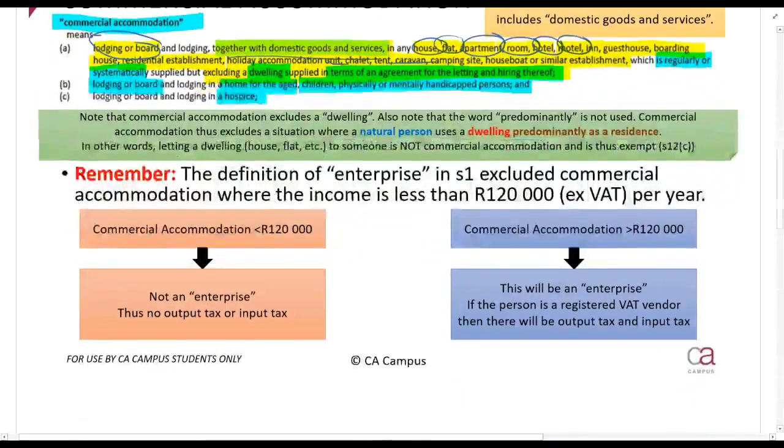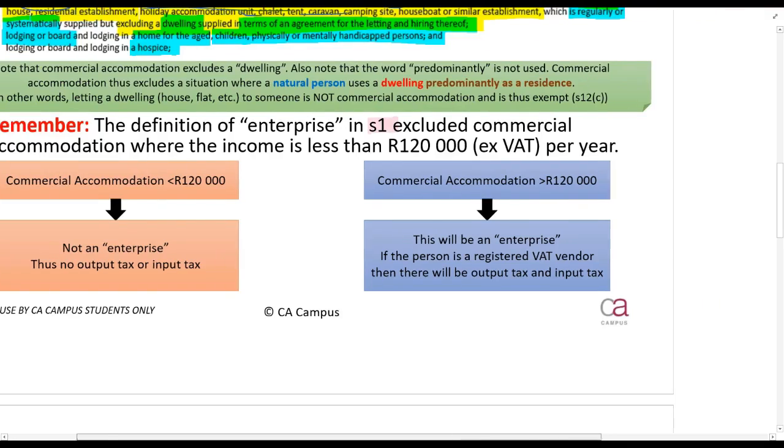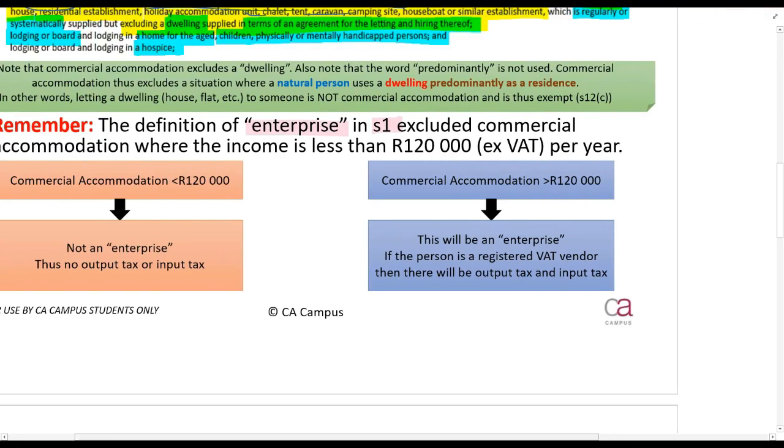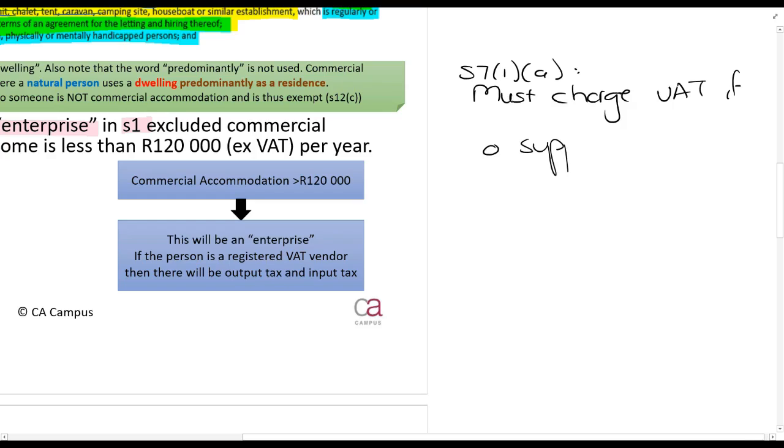Very, very important. Now, I'm just reminding you, remember in section 1, we looked at the definition of an enterprise. Now, I'm going to remind you, what does section 7.1a say? It says you must charge VAT if there's a supply, there's goods, there's services, there's a vendor, and there's an enterprise.